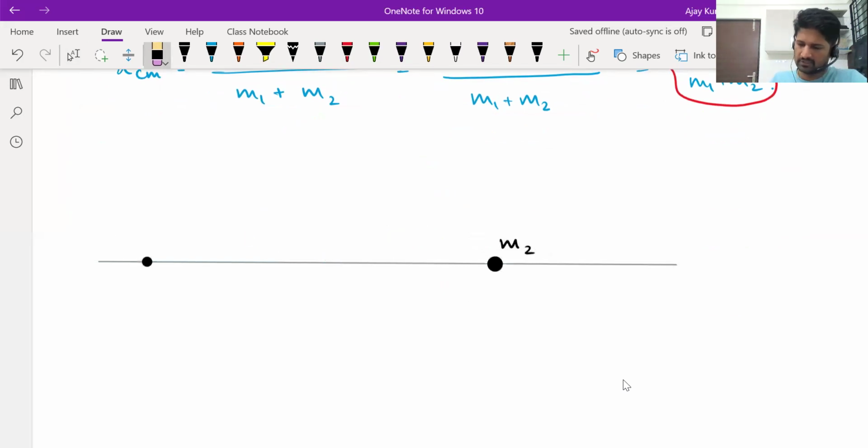Assume the mass m1 is 2 kg and let's say this mass is 4 kg. Let's say 2 kg is at x equal to 2 meters and the other one is at x equal to 10 meters. Okay, let's take 11 meters.